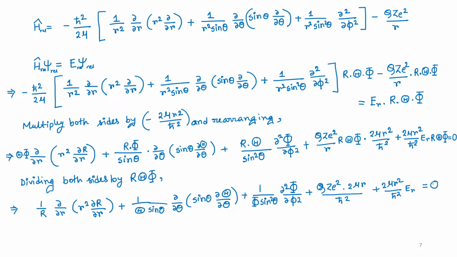This equals to 0. Now on the next line, when we rearrange this, you will see the first term is only dependent on the r, the small r, capital R, and the second part is only dependent on theta, and the third has both theta and phi.